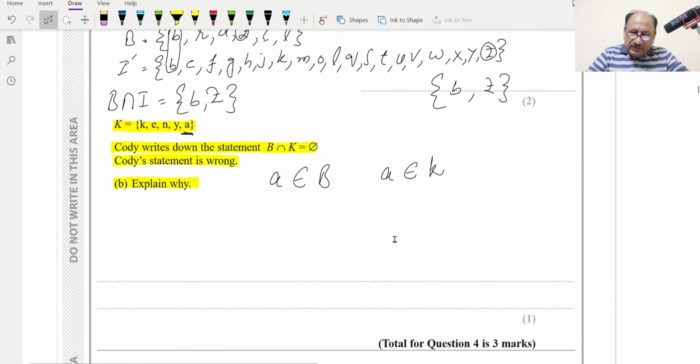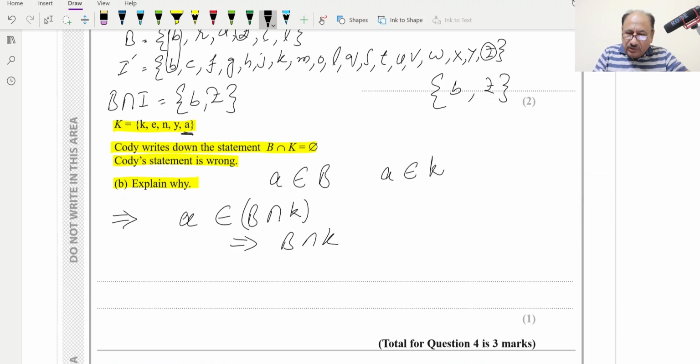So it means A belongs to both. So this implies A belongs to B intersection K, so this implies B intersection K is not phi.